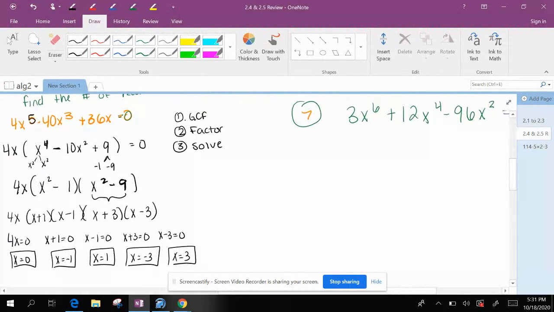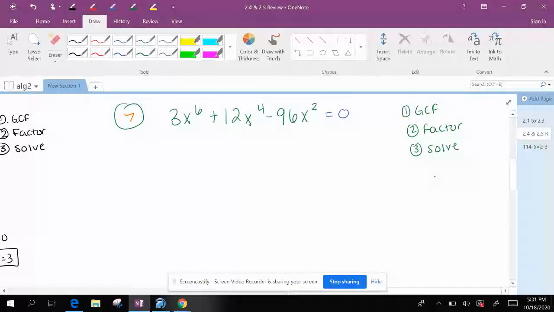Okay, last problem that we're going to do together. Again, see if there's a GCF, factor it, and then solve it. I can take out a 3 and an x squared from each term. I'm left with 3x squared on the outside, x to the 4th plus 4x squared minus, what is that, 32?